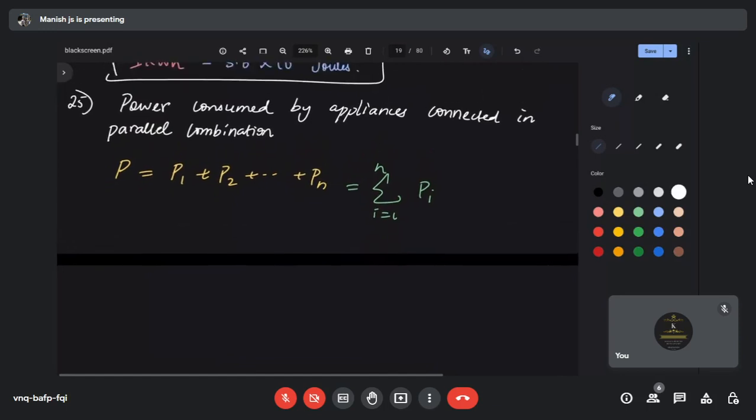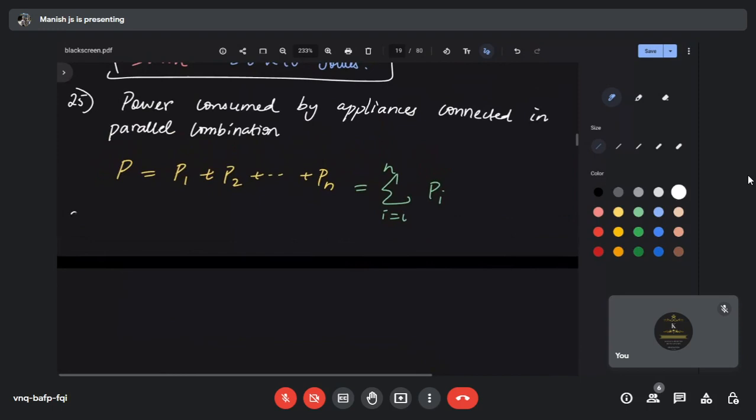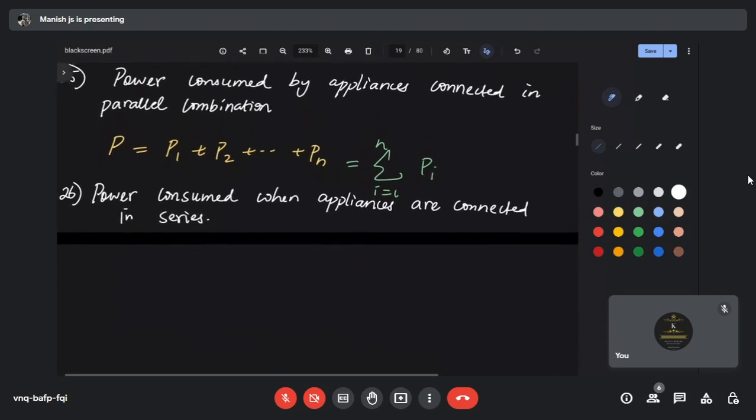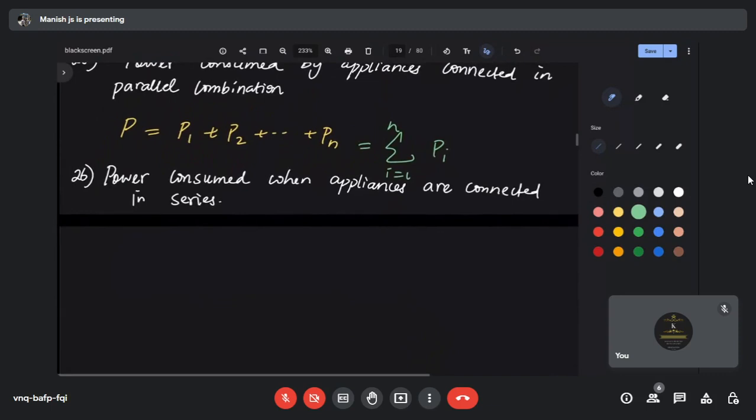Same way, when they are connected in series, it's the other way around. So power consumed when appliances are connected in series, just the reciprocal needs to be done. 1 upon P is equal to 1 upon P1 plus 1 upon P2, and so on up to 1 upon Pn.